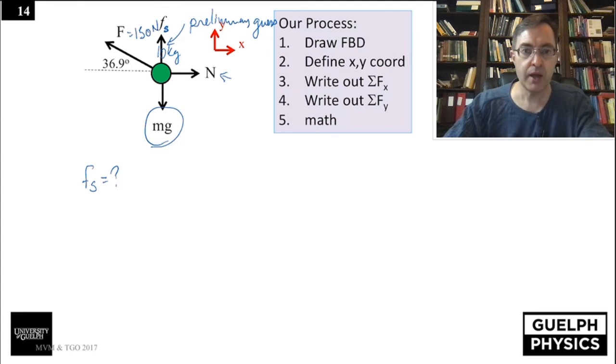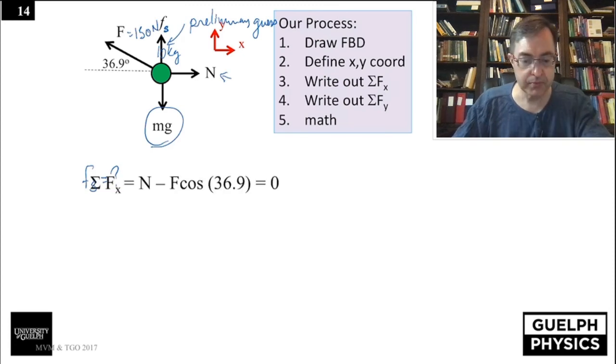So I'm just going to assume this. If it turns out that my static friction has a negative sign, it means that I guessed wrong and the force is actually pointing downwards.